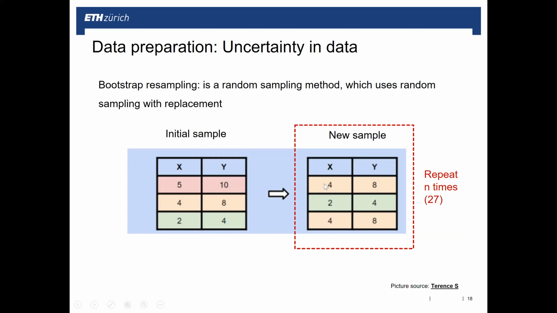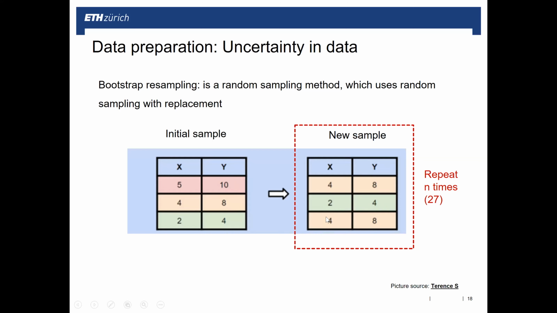After you choose this one, the sample stays in the population. So when you want to sample for the next time step, you still sample from the 3 original samples. It could be this one or this one. Here we choose this one.